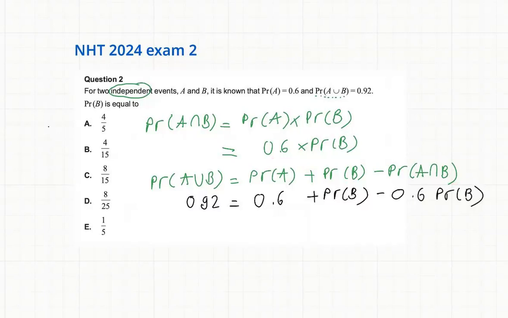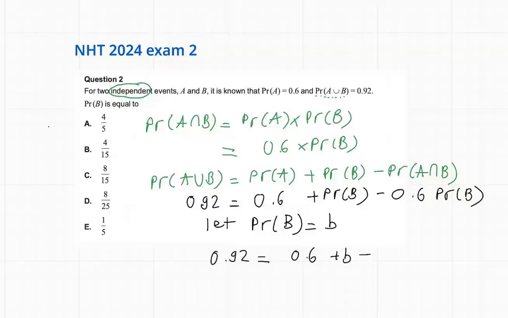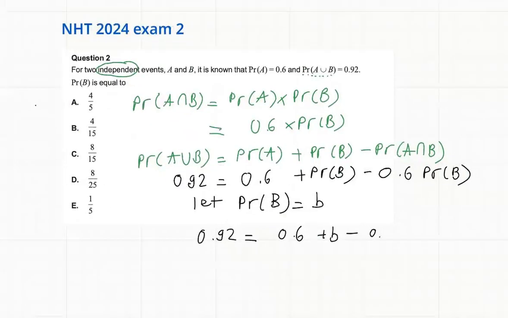Now, if you let the probability of B be b, then this information that we have right here will turn into a linear equation: 0.92 equals 0.6 plus b minus 0.6 times lowercase b.